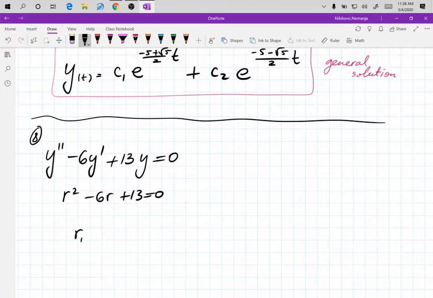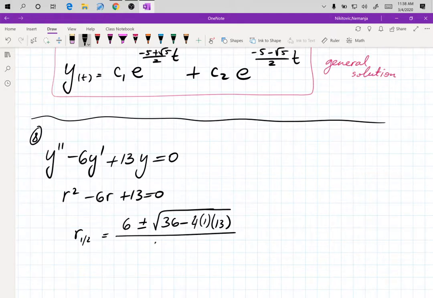Gives us r1/2 as 6 plus minus square root of 36 minus 4 times 1 times 13, over 2a, which is over 2. 6 plus minus square root of 36 minus 52, negative 16. Beautiful. Divided by 2.